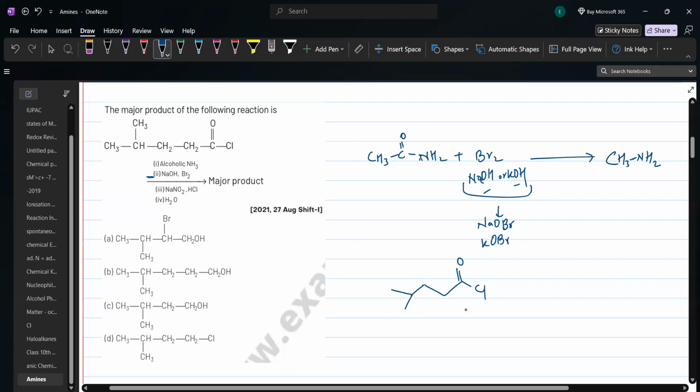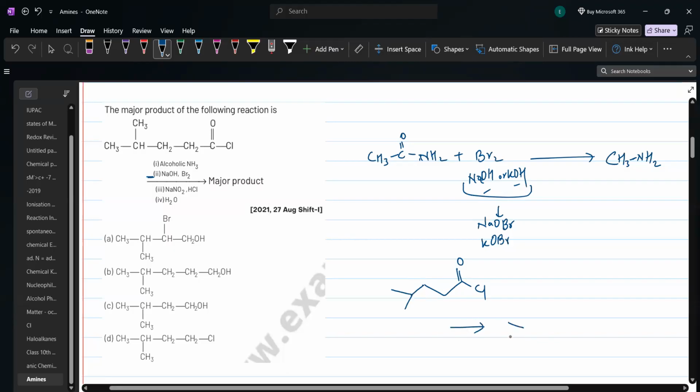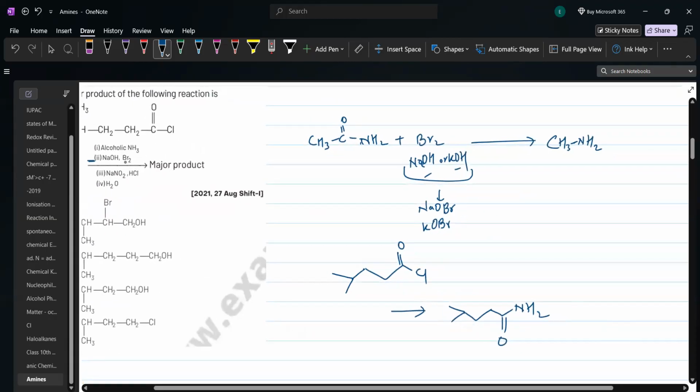When we react with alcoholic NH3, the Cl will go, and it will form the amide with NH2, and the rest is the same. Now NaOH with Br2 is the Hoffman bromide reaction. So we will remove this C double bond O.